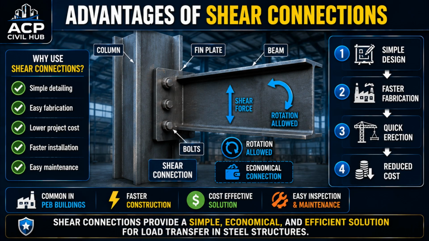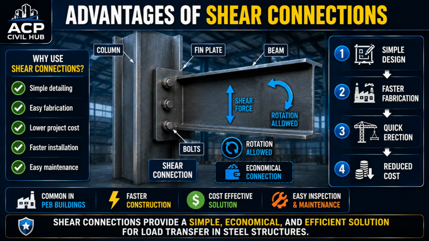Shear connections offer several practical advantages. They are simple to design, easy to fabricate, and require less material compared to rigid connections. Because rotation is allowed, these connections can accommodate normal structural movements without creating large bending stresses.